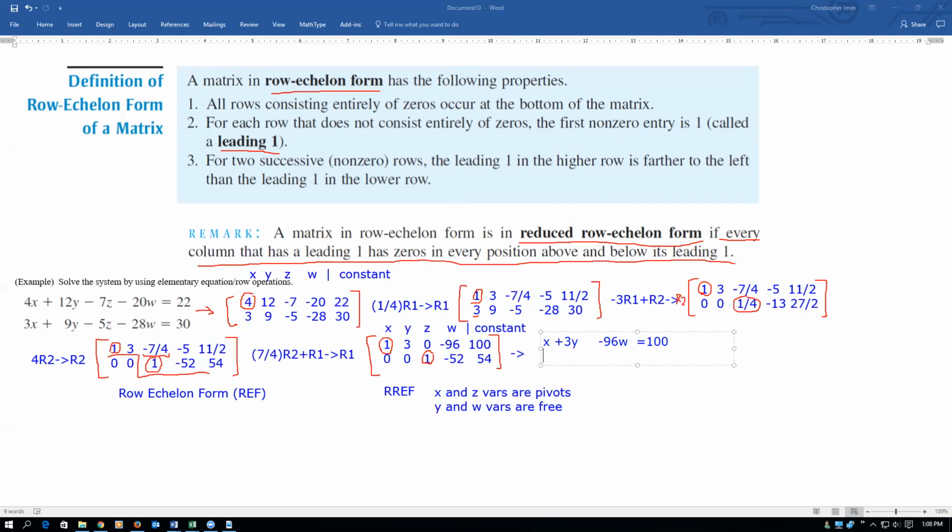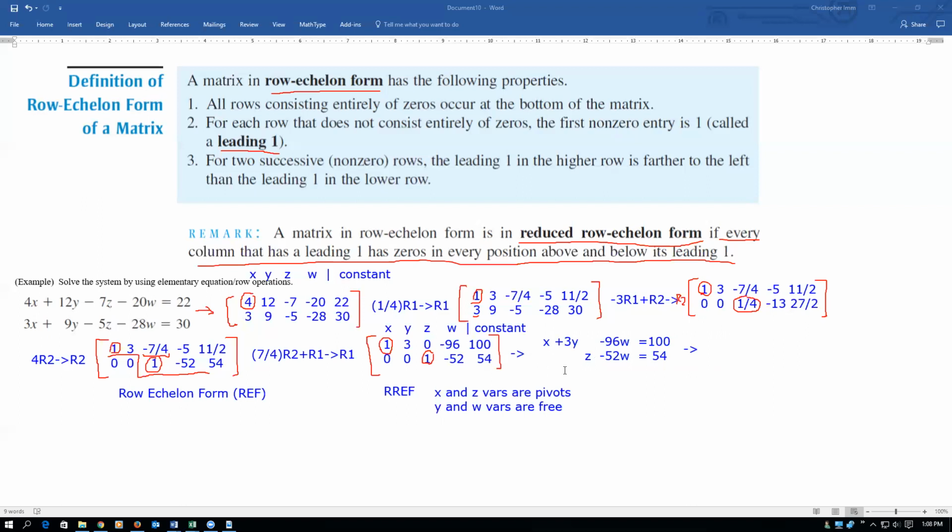We will have 0x plus 0y plus 1z minus 52w is equal to 54. When we look at pivots and free variables, each pivot we should be able to solve that variable in terms of the other free variables. All the other variables are free.